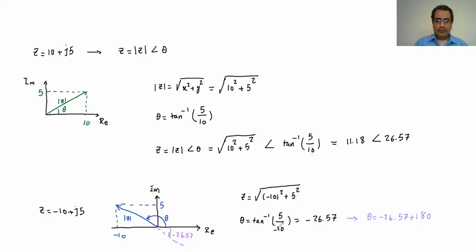Remember that this equation might be 180 degrees off. So when you do the calculation, remember that. So this is the polar format that we have, and we have the rectangular format and the polar format.